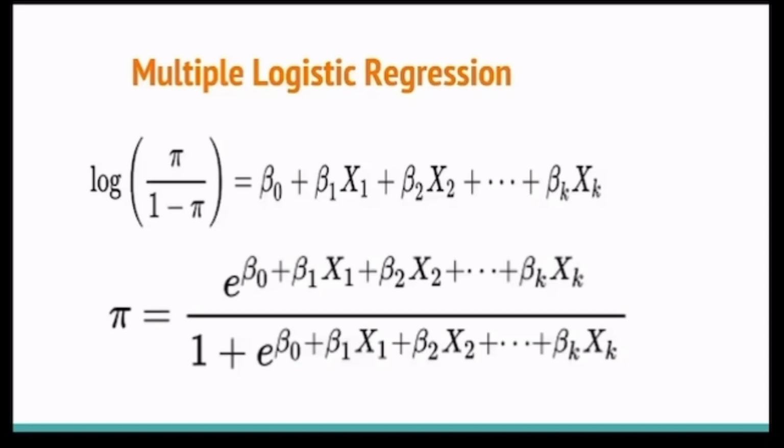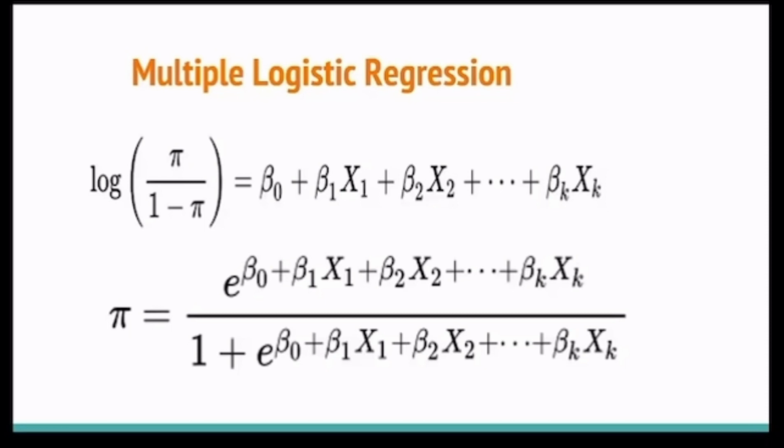But right now, what if we have more than one predictor variable that can be related to a categorical response? Now, if you take a look at that, look at the first one. That's a logit form, right?